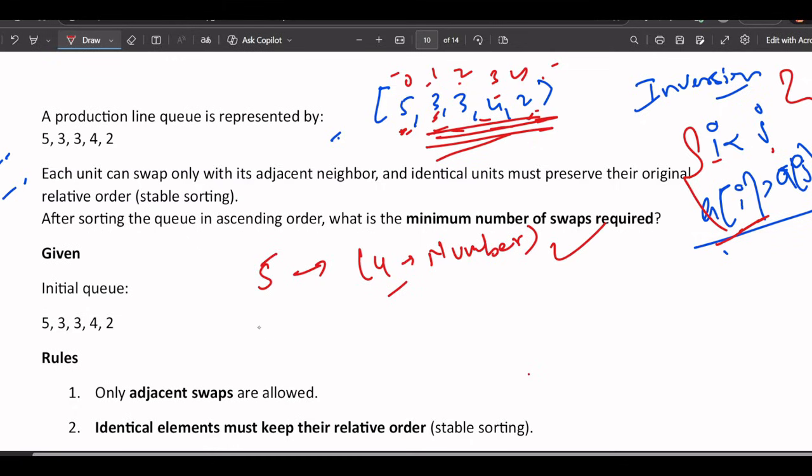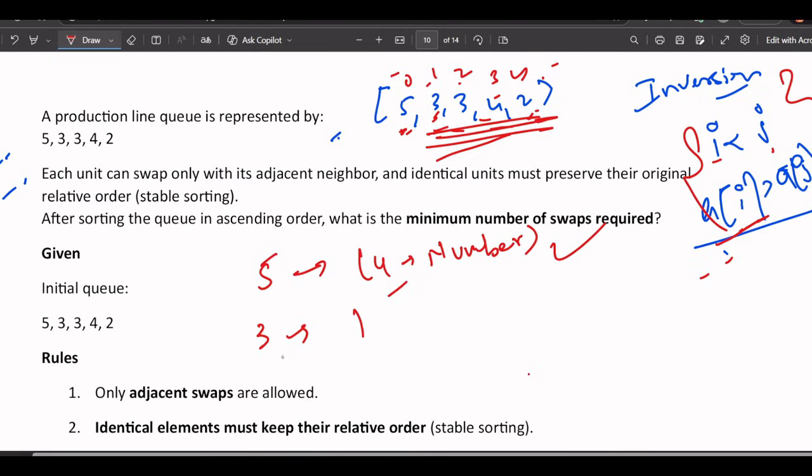Then we have 3. How many numbers are there on the right side of 3 and less than 3? Sorry, on the right side we look only for the smaller numbers, satisfying the condition i is less than j and a of i is greater than a of j. So 3 is greater than 2, so there is only one number which is less than 3.